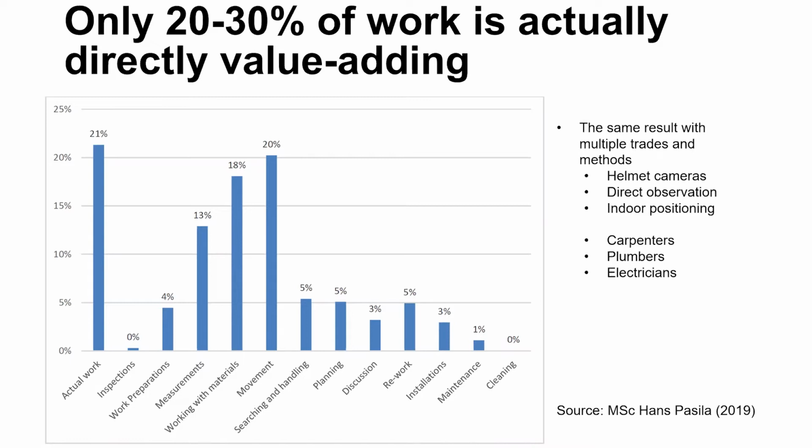The data you see here relates to carpenters. The actual work time of 2 carpenters over a period of 1 week was 21%. They were spending almost as much time in movement, just moving from one location to the next, or working with materials, or doing measurements.